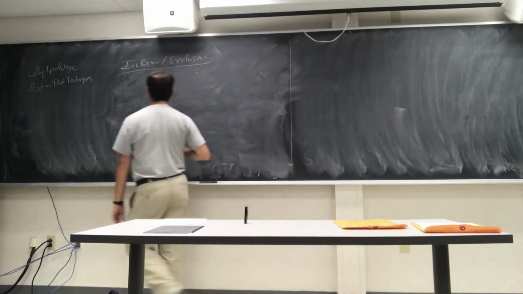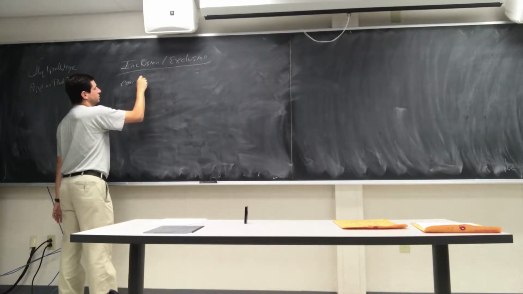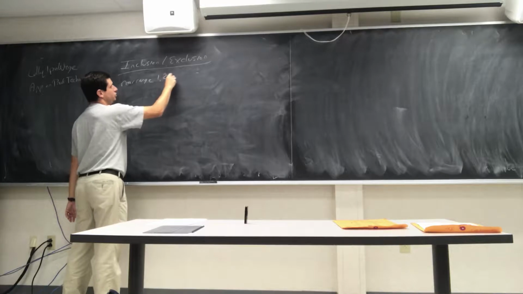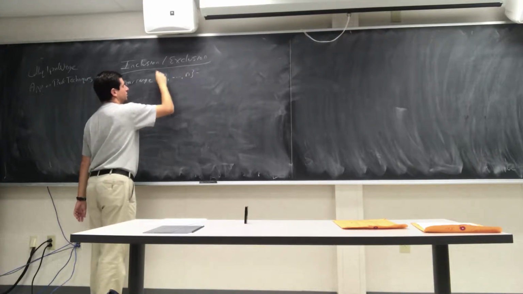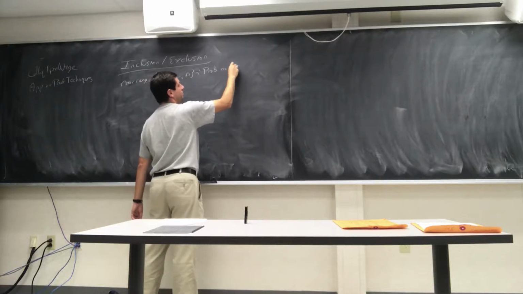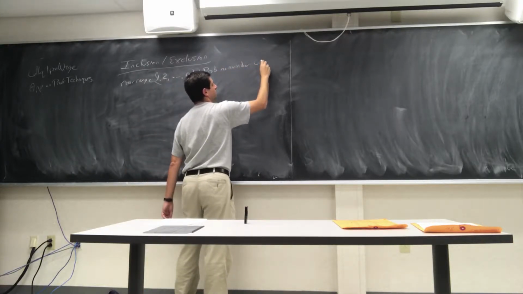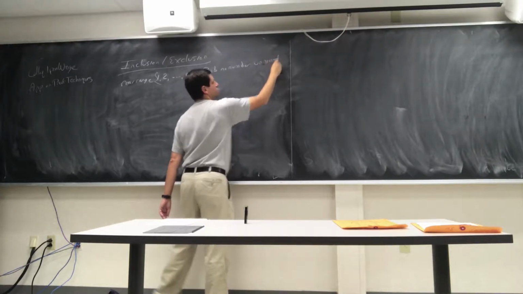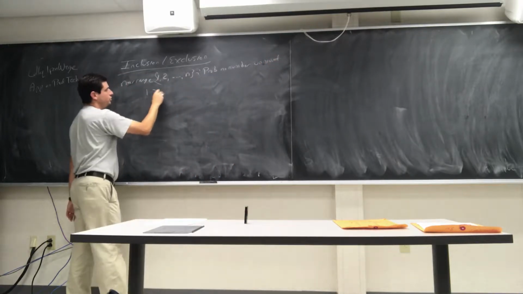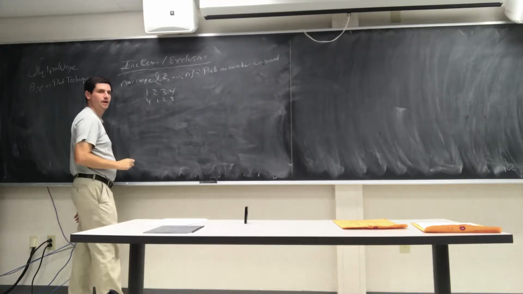So what I want is, we rearrange 1, 2, ..., n. What is the probability that no number is unmoved? So if we did 1, 2, 3, 4 to 4, 1, 2, 3, that would be good.